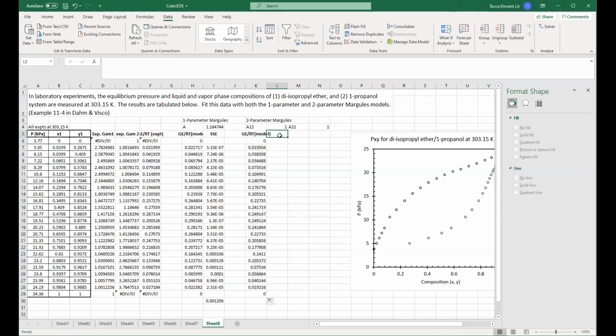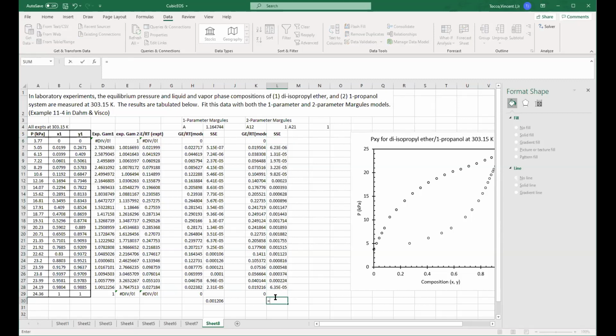Have another column for SSE where I say the error is the model minus the experiment, or the experiment minus the model. That's the beauty of taking the square, that it is indistinguishable which one you're subtracting. Copy it all the way down, delete these two data points, and say this is the sum of all of them.